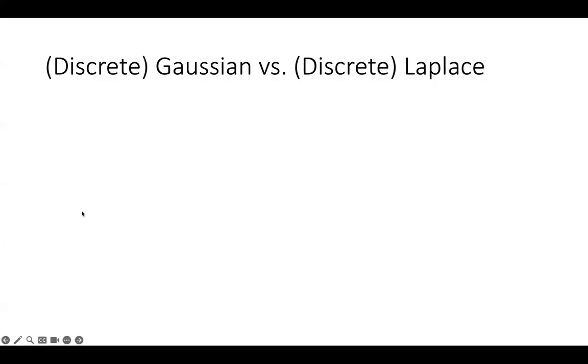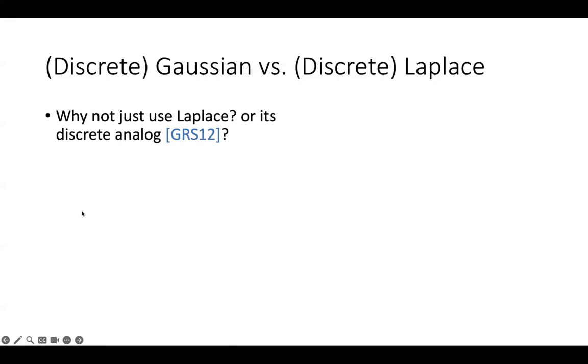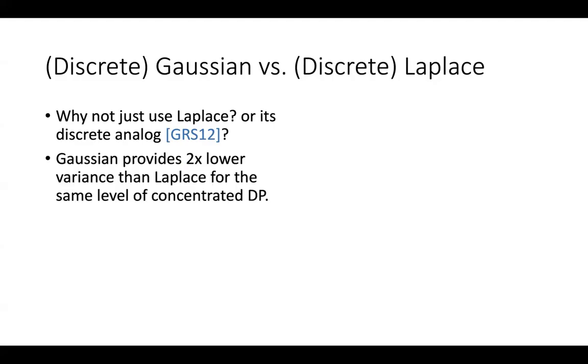So an obvious question is, why should we use Gaussian instead of Laplace? And there's a simple answer which says that if you stick to concentrated DP, the Gaussian distribution will actually provide lower variance than the Laplace distribution.